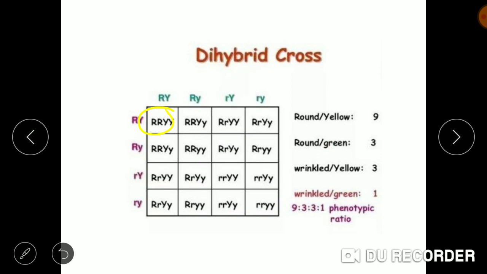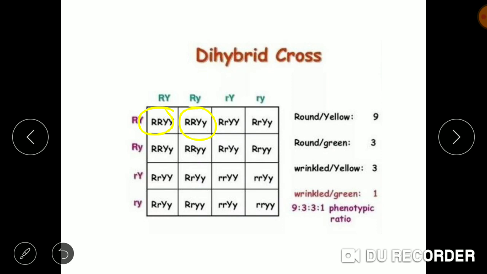For round and yellow, I will mark it by yellow color. Now, another one is capital R, capital Y. Here, if you can see, the offspring genotype contains capital R, capital R, capital Y, small y. If there is capital R and small r, we'll always consider capital R, since capital R is dominant.